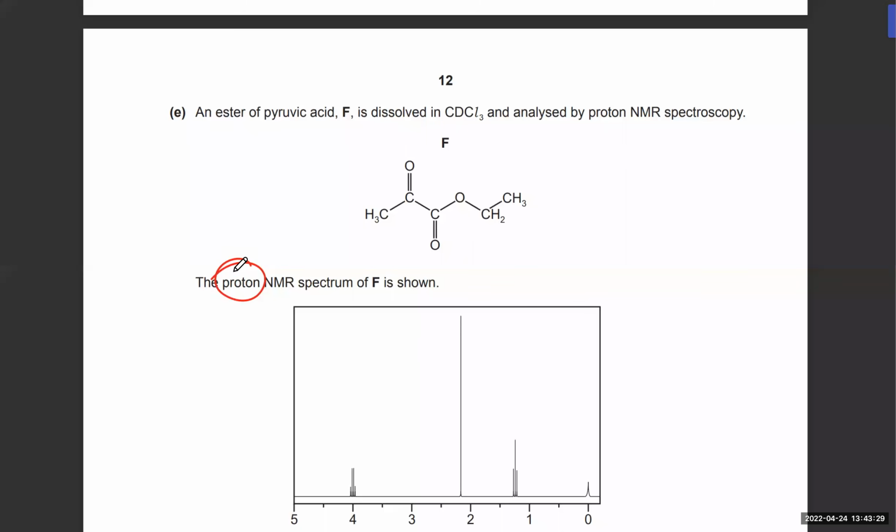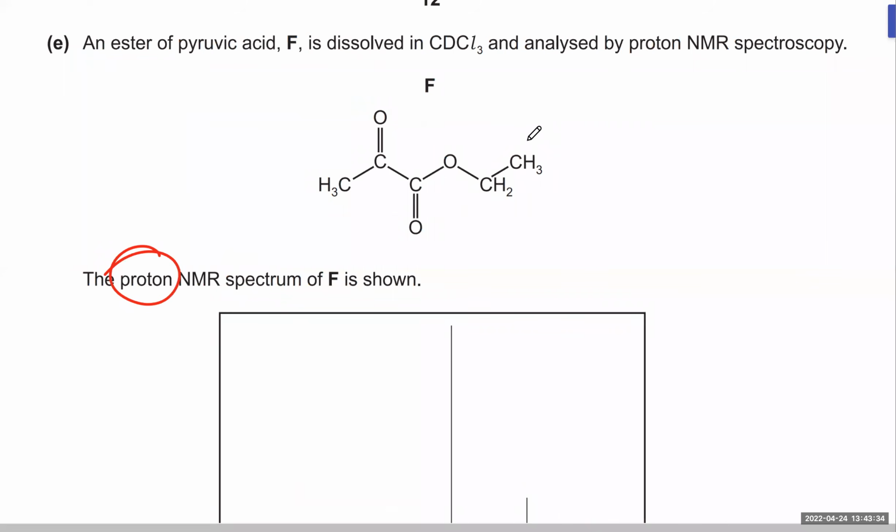Okay. So you've got the shape of the peaks. The relative height is going to be 3. Is this going to be a triplet or a doublet or a quadruplet? Kya hoga? Triplet. Okay, so this one is a triplet. Or this one is going to be a quadruplet, right?